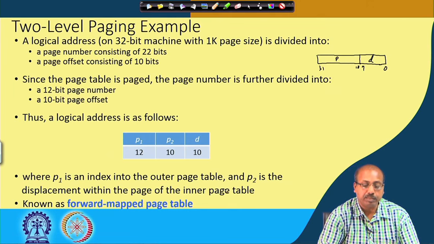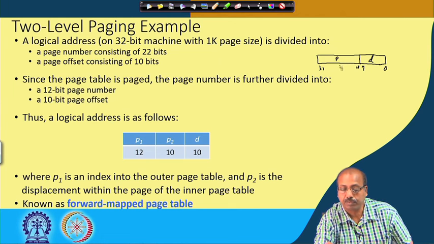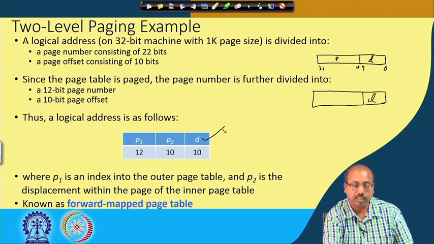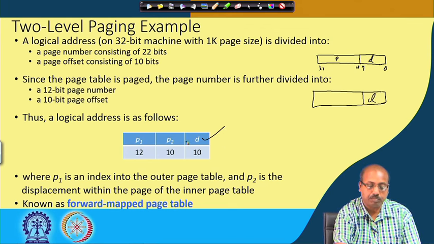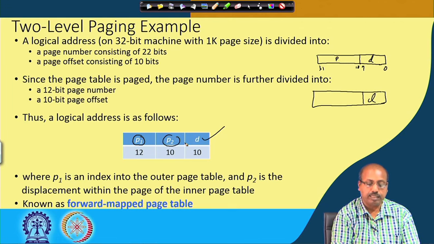And since the page table is also paged, the page number is further divided into a 12 bit page number and a 10 bit page offset. So, the structure now becomes something like this. We have this displacement part D, then we have P1 and P2. P1 is an index in the outer page table, and P2 is a displacement within the page of the inner page table.